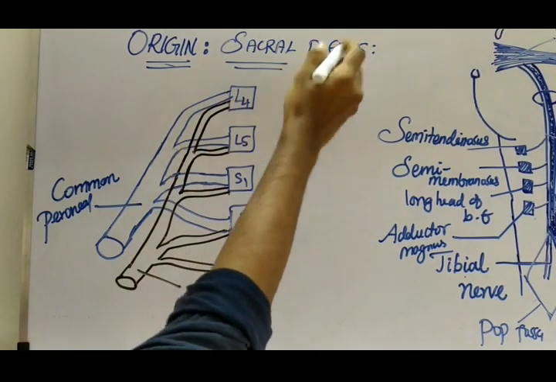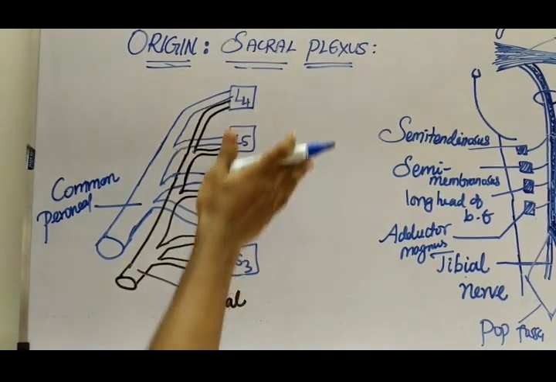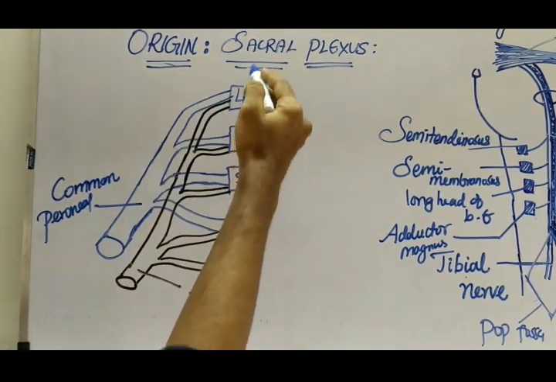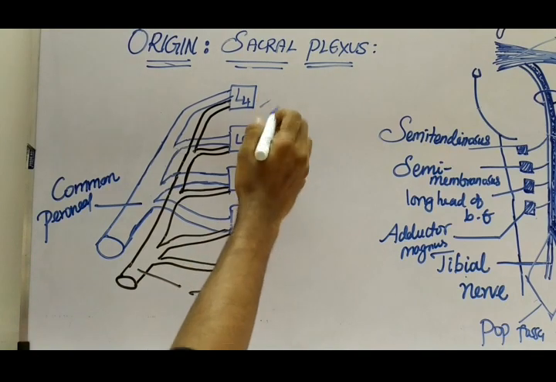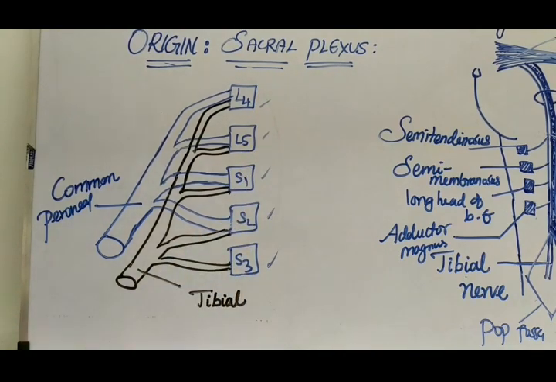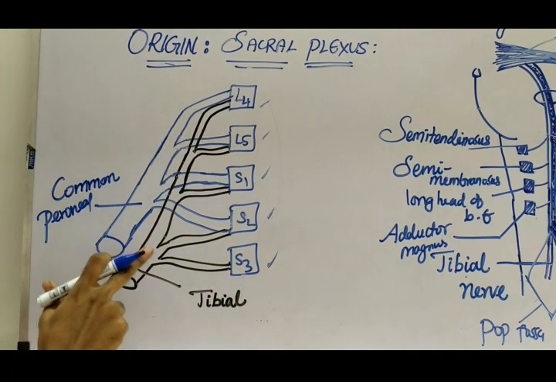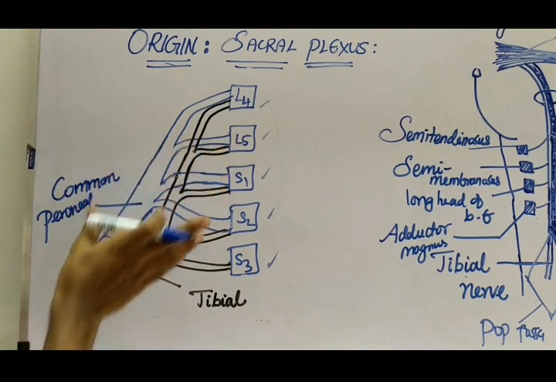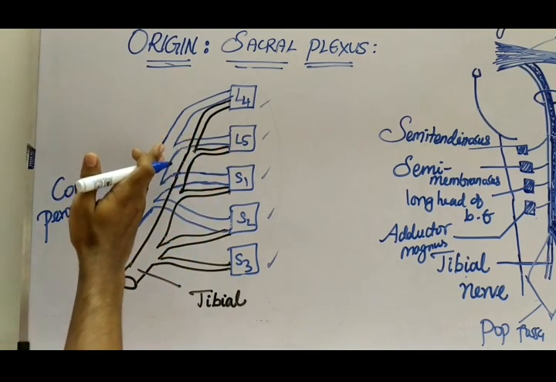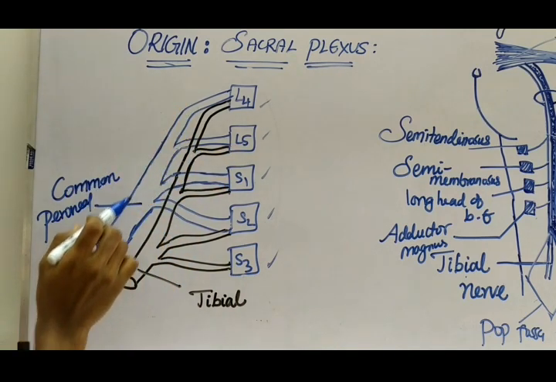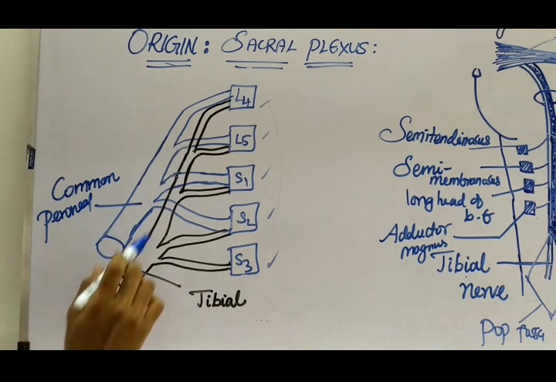This sciatic nerve is coming from the sacral plexus of our human body, and it has the root values L4, L5, S1, S2 and S3. So as I said in the introduction, it has two parts, common peroneal part and the tibial part. If we see individually, the common peroneal part, which is here blue in color, and the tibial is black in color.